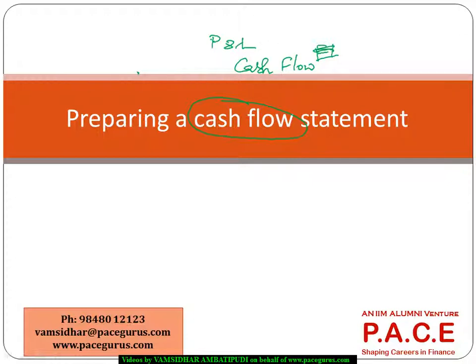So from all financial calculations or valuations perspective, the focus is more on a cash flow statement rather than the other financial statements. But yes, knowledge about a P&L and a balance sheet will definitely help in creating good cash flow statements.